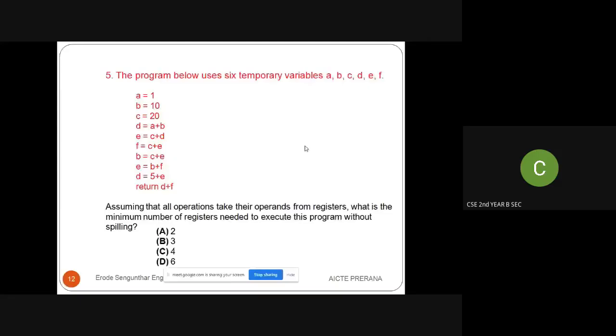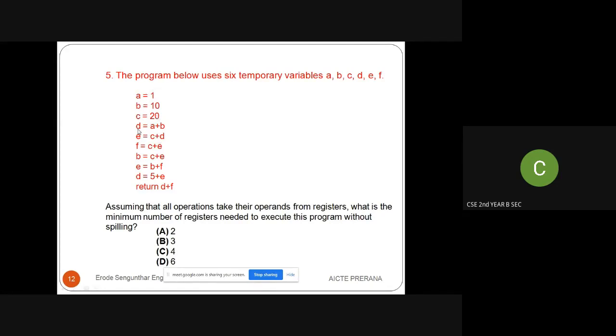Just think of A, B, C, D, E, F. These are all the variables in this program. A, B, and C have the initial values.